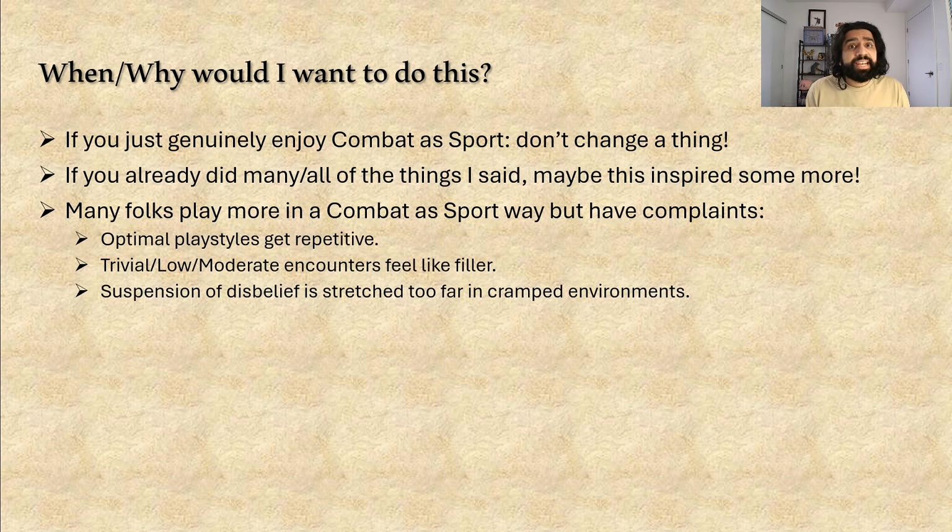Another common complaint, and this one is very common for Paizo Adventure Paths, is suspension of disbelief getting stretched a little too far when you're in cramped, dungeon-like environments. Now, that's not a dig at Adventure Paths. Adventure Paths, by their very nature, need to be built for the average party to clear.